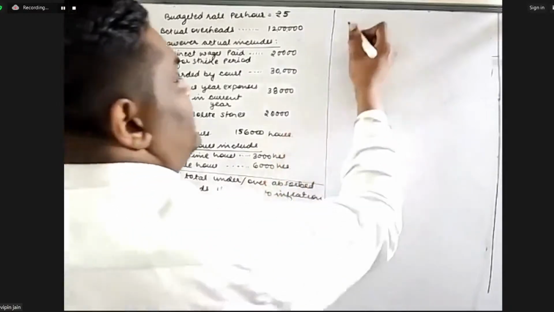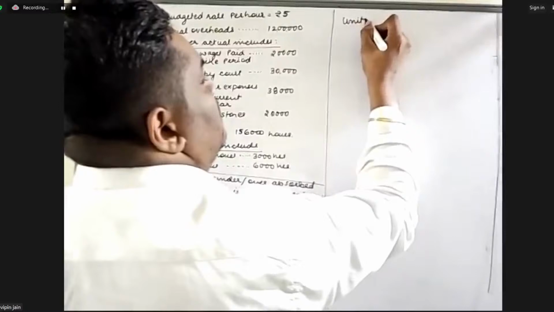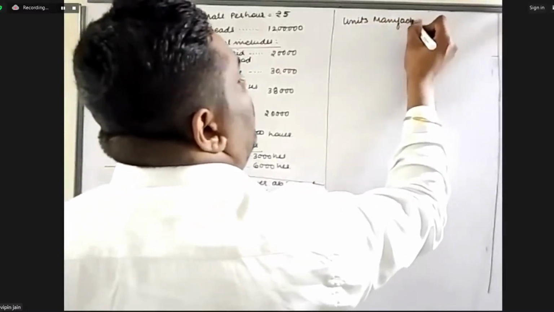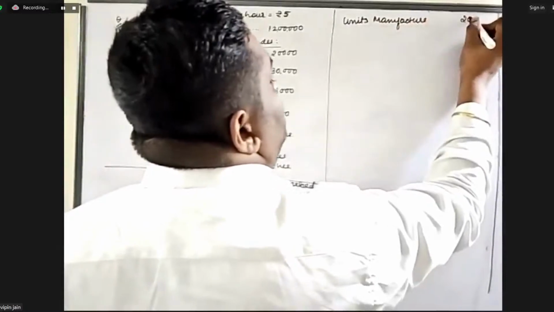Further, the information is given in the question as regards units manufactured, 20,000 units.